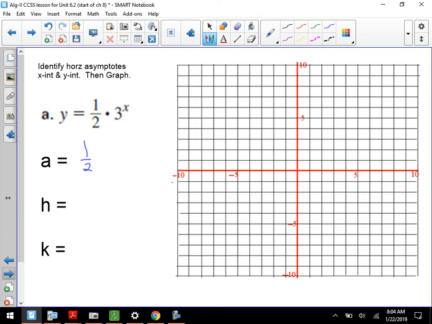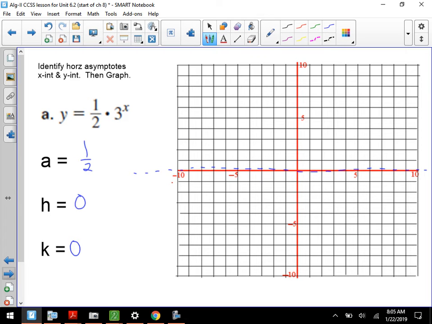There isn't one, so it's 0. What's your K value? 0. So by there not being an H or a K value, that tells you that your horizontal asymptote is at 0.